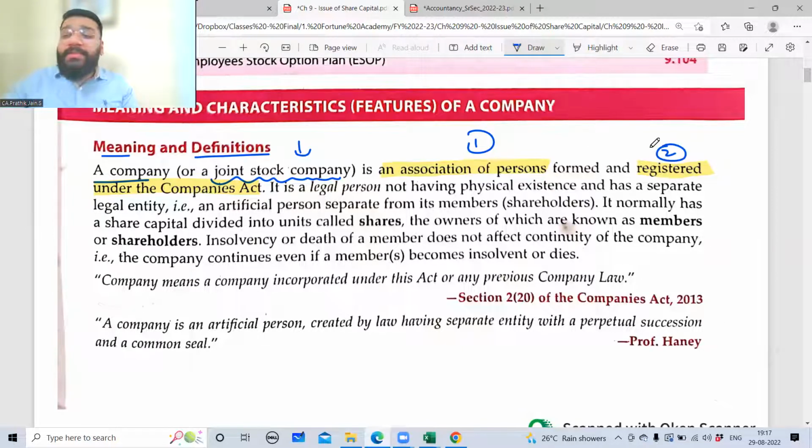Now, what is the meaning of registration? Here, registration means registering the company with the government. In sole proprietorship, when we studied the concept of sole proprietor, did we learn anywhere that the sole proprietor needs to be registered with the government? Online people, anywhere did we learn that a sole proprietorship business needs to be registered? No, sir.